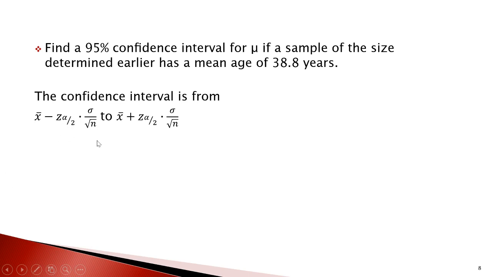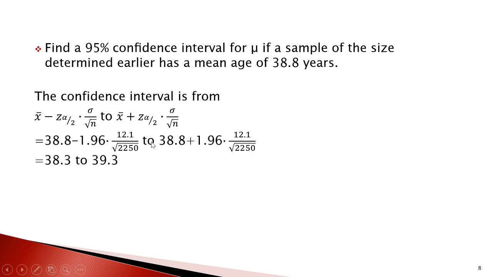We just need to plug in the values using the new sample size, and we can see whether the precision is increased or not. We plug the values into x bar plus or minus z alpha over 2 sigma over the square root of n, and then after simplifying, we get the confidence interval from 38.3 to 39.3.